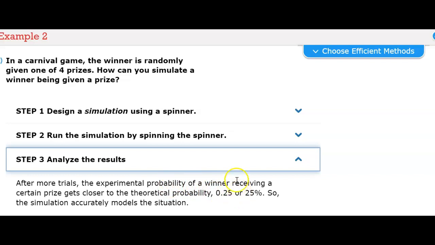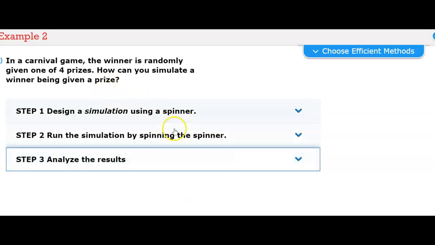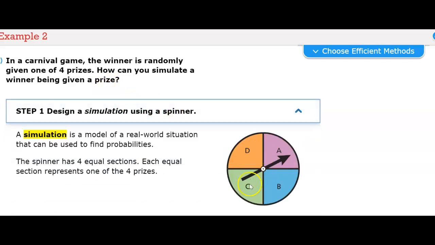So the simulation accurately models the situation. The 25% came from the fact that these are 4 equal parts, so theoretically people should choose any one of these letters 25% of the time because it's an equal portion of the spinner. Just wanted to point that part out.